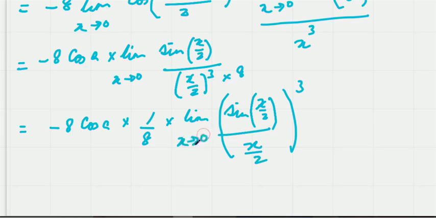Now as x tends to 0, this is of the form limit sin x upon x. Sin x upon 2 upon x upon 2. So this will be equal to 1.